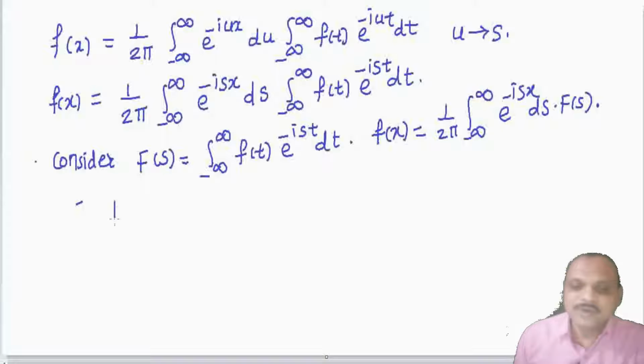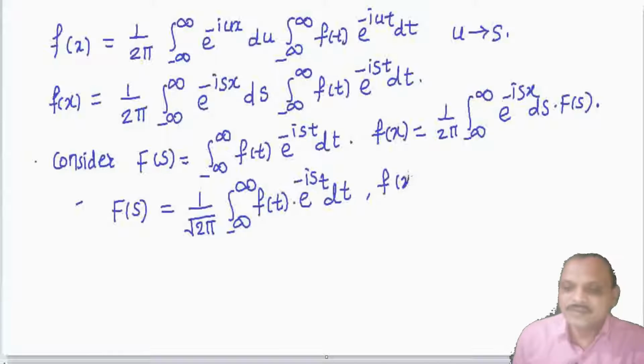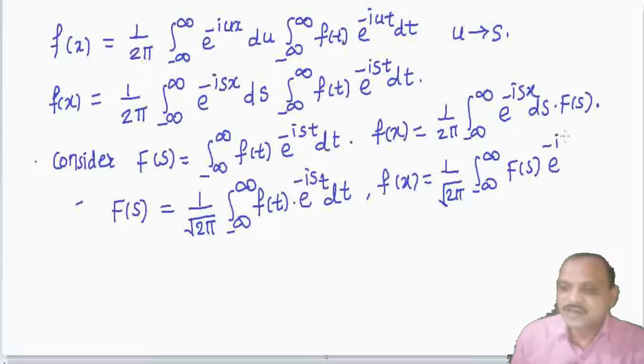This is for symmetry and not for any other reason, and therefore F of s will be 1 divided by under root of 2 pi minus infinity to plus infinity f of t into e raised to minus i s t into dt, and then f of x will be 1 divided by under root of 2 pi integration minus infinity to plus infinity F of s into e raised to minus i s x into ds.